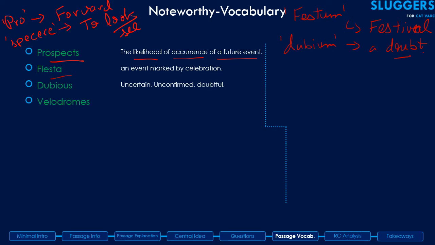So velodromes. We already discussed this while going through the passage explanation. Velodromes, by the way, again comes from two roots. So velo is a term that is used for bicycle, in French.